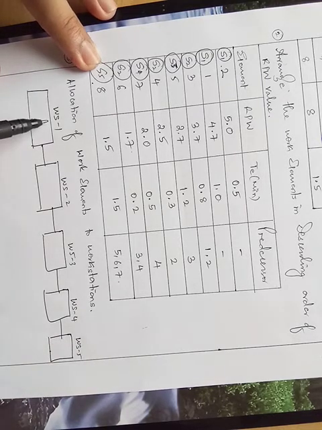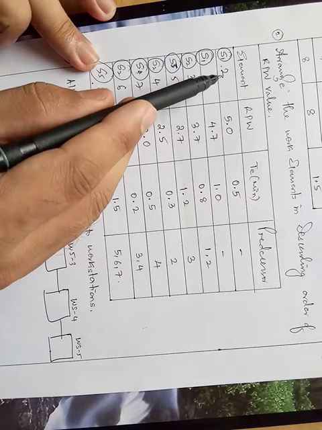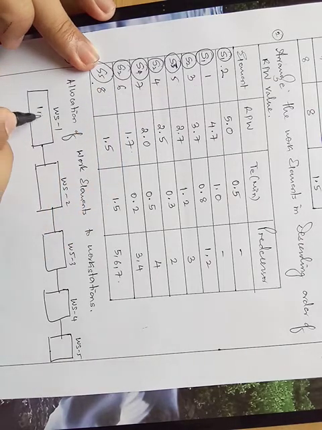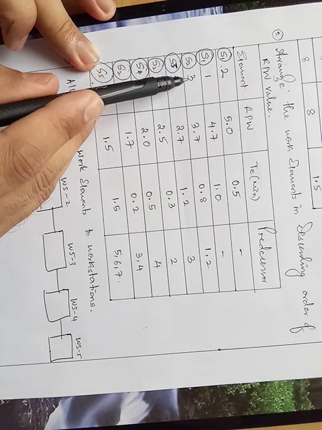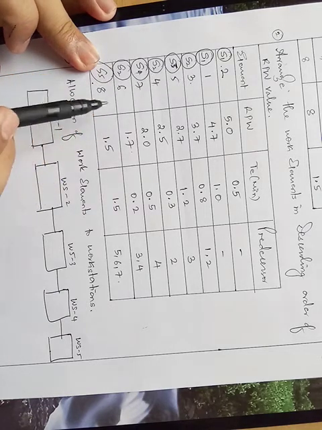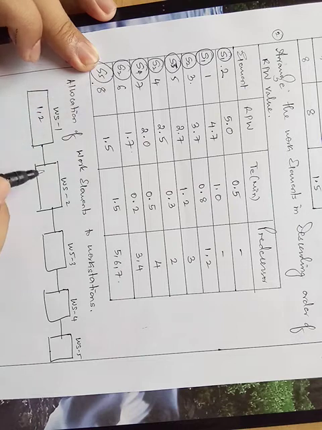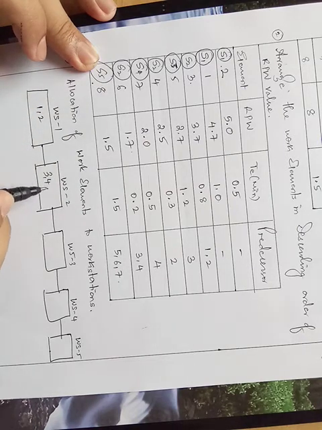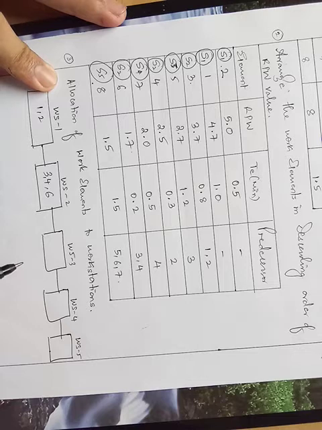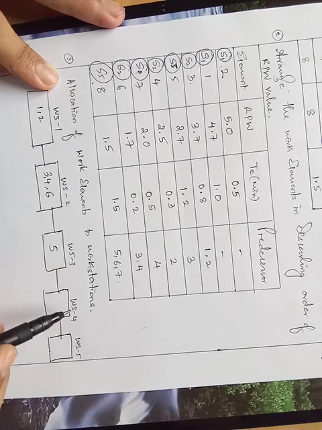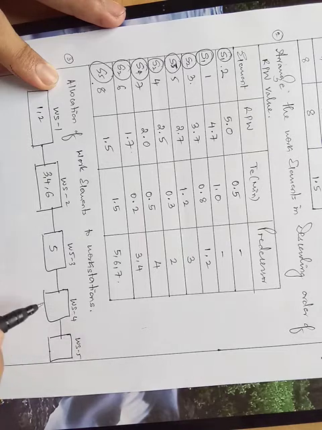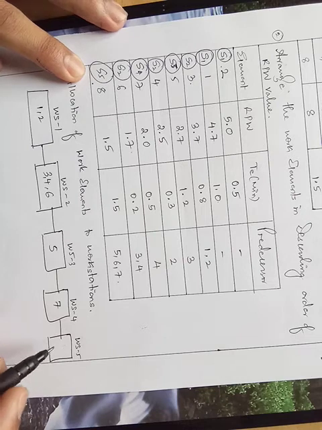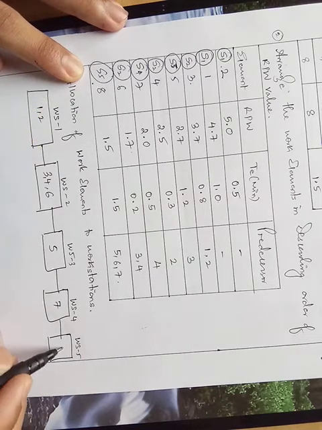On workstation number 1, you have 2 elements, 1 and 2. For workstation number 2, there are 3 elements, 3, 4 and 6. For workstation number 3, there is only one element, which is 5. For workstation number 4, also one element, 7, and at last for workstation number 5, only one element, that is 8.